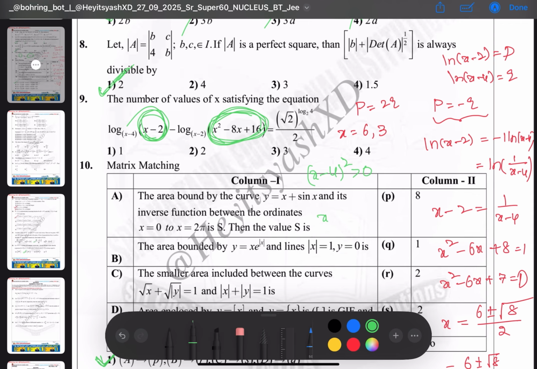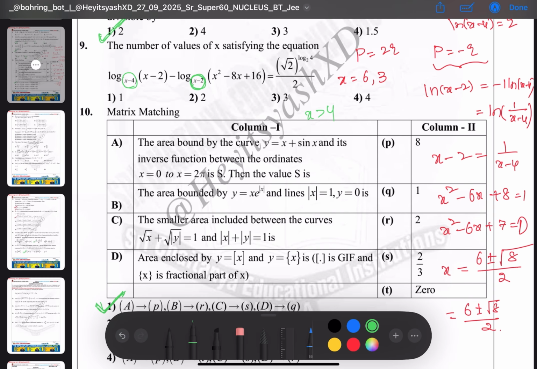So x greater than 4. Whatever value of x we are getting, that should be greater than 4. By that condition, the solutions 6 and 3 are eliminated.